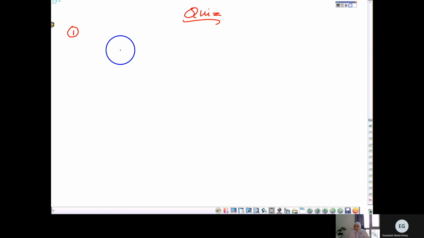Find the speed immediately after it is struck. I love to draw, and drawing is essential. In this question, drawing is not essential, but when we take collision, you will find drawing is very essential and you will gain marks on it.